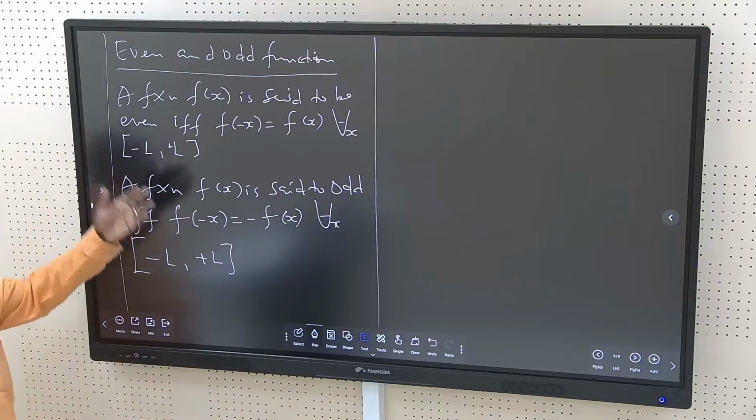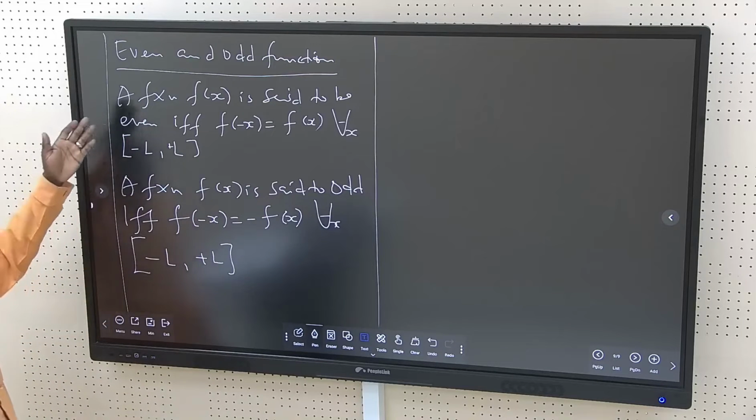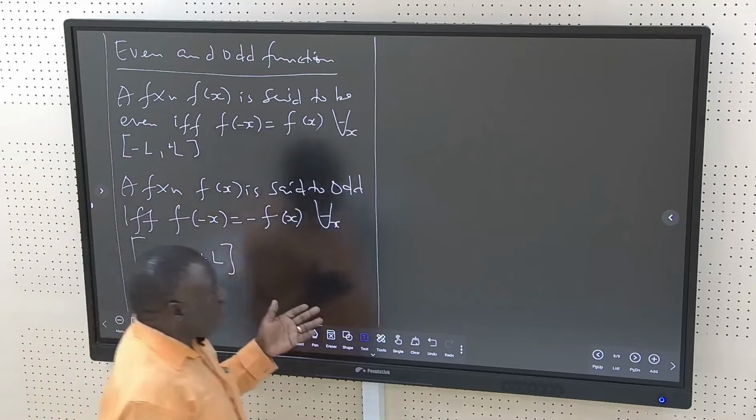These are very important definitions of even and odd functions.